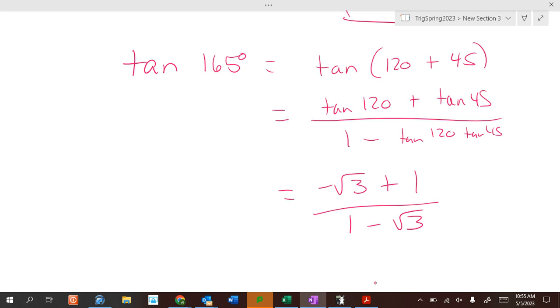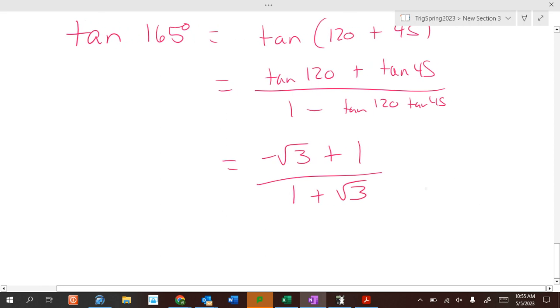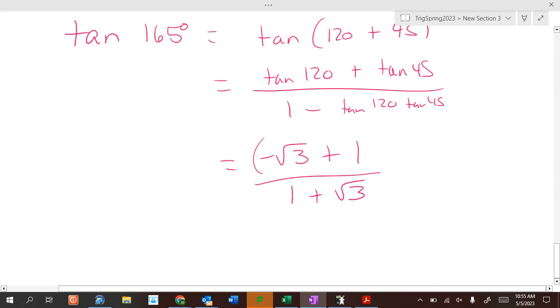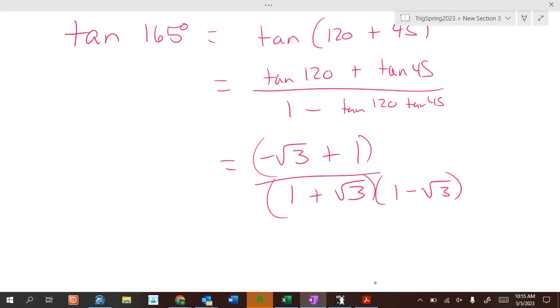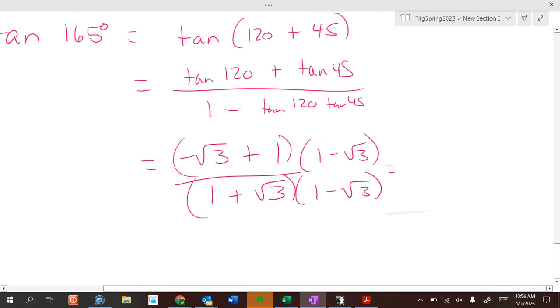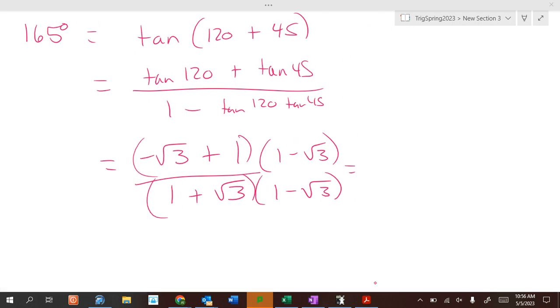So this is minus a negative, or a positive, in the denominator then. So you multiply by the conjugate of the denominator. So in the numerator you get negative square root of 3 plus 3 plus 1 minus the square root of 3, first, outer, inner, last.